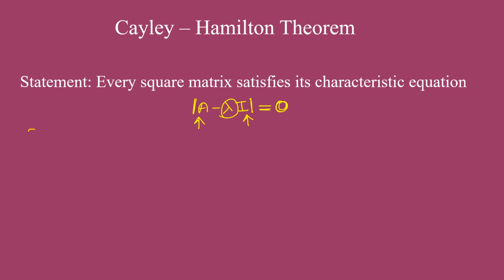Suppose you are having a matrix of order 3 by 3. So for 3 by 3, the determinant of A minus lambda I becomes easy by using this formula.